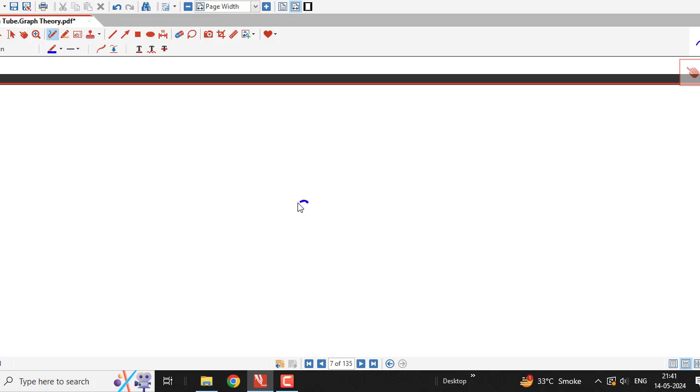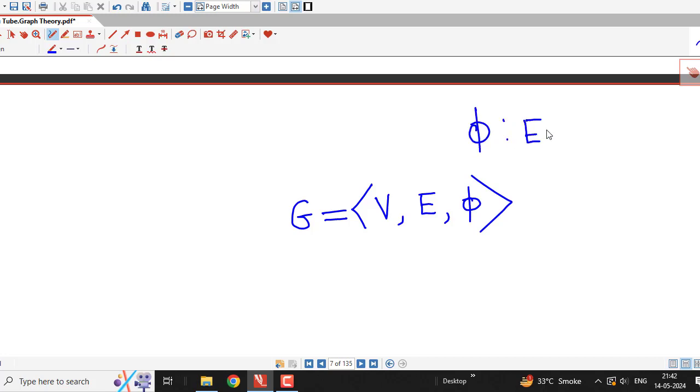In this lecture we have discussed the definition of a graph. That is, we have a diagram in which we have a set of vertices, a set of edges, and a mapping phi from this set of edges to V cross V. Then we say that this algebraic system or diagram is a graph.